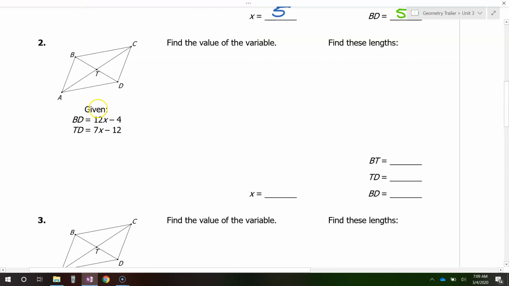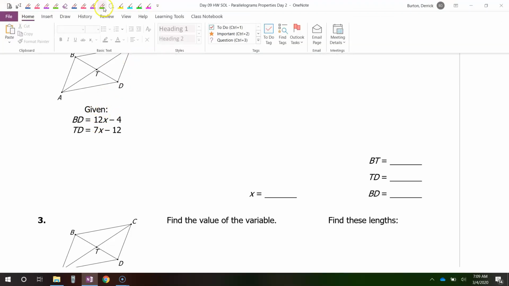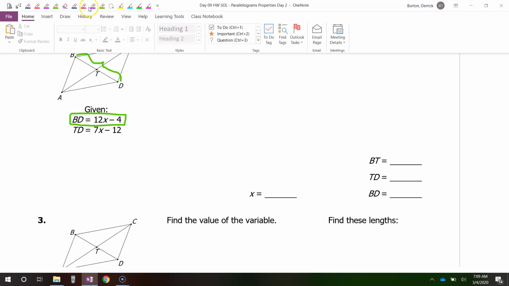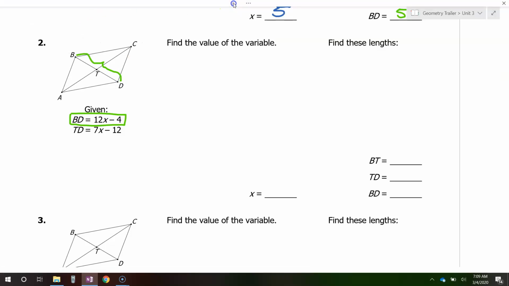Okay, so we have to be a little bit careful because we have BD here. And remember that BD is the whole thing. And then we have TD. I'm going to try to color coordinate this as much as possible. And TD is only half.